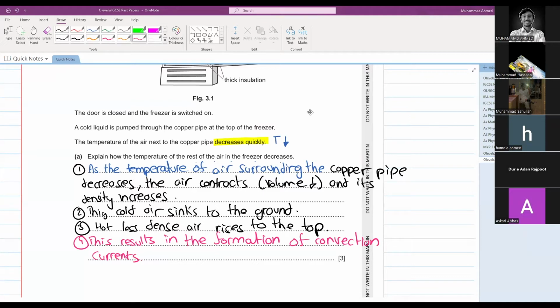Sir, can you explain the concept? Yeah, I will explain the concept. This results in the formation of convection currents, which leads to cooling. Simple.